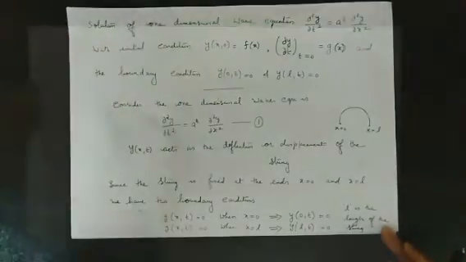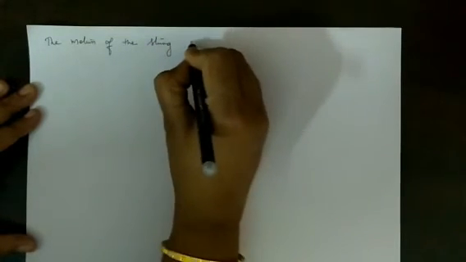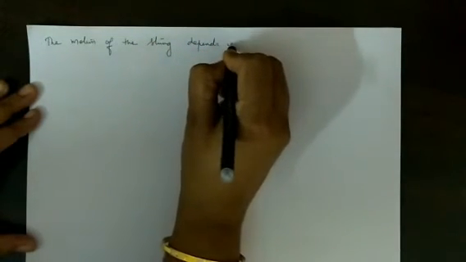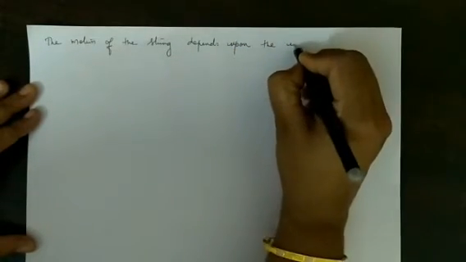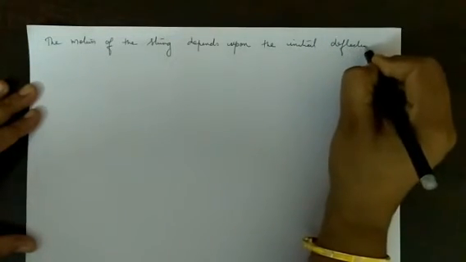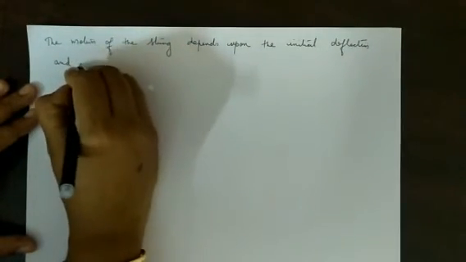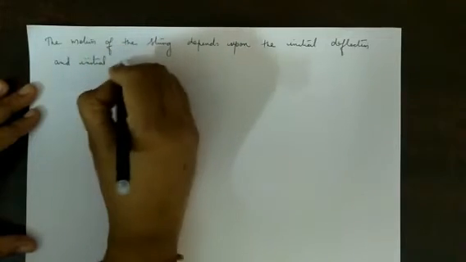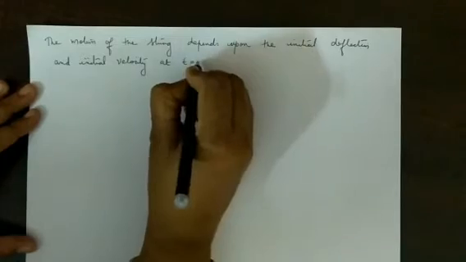Now the motion of the string depends upon the initial deflection or displacement and the initial velocity at time t = 0.